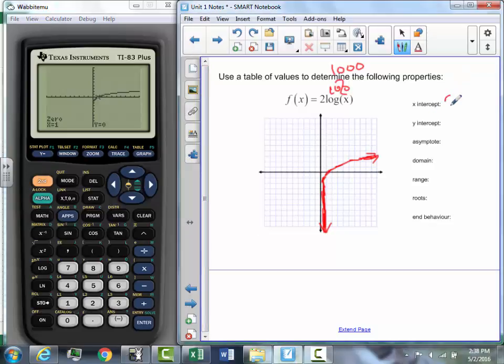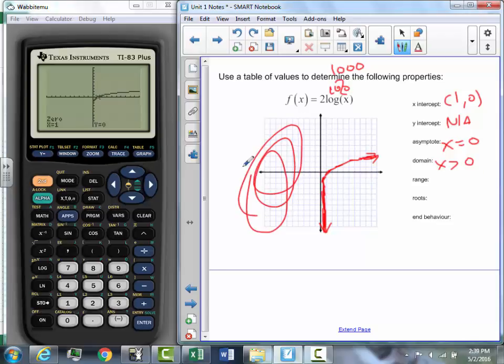Hence, if you have the number 1, there are no zeros behind it. If you have the number 10, there's 1 zero behind it. Y-intercept doesn't exist. Asymptote, is there one? Yeah, it drops straight down, so this is where x equals 0. The reason being is that x has to be greater than 0. You can't have negative numbers on this graph. This whole left-hand side, you're out.